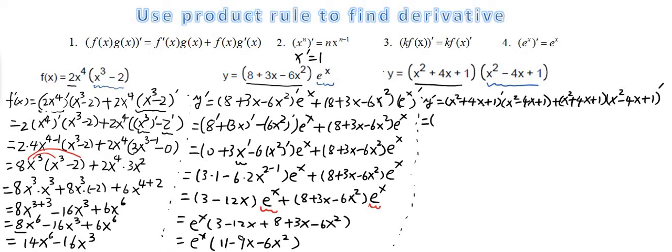So we're going to do the derivative of these three terms. We're going to do the derivative of each term. Okay, so we have x squared, 4x, 1 square.